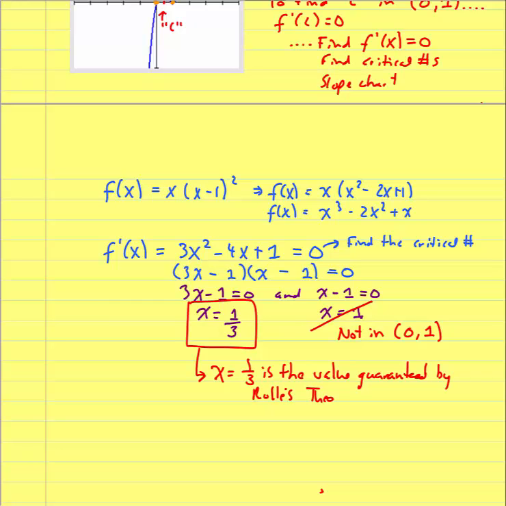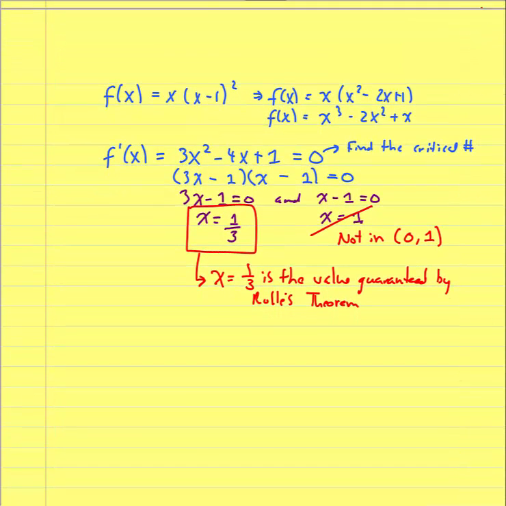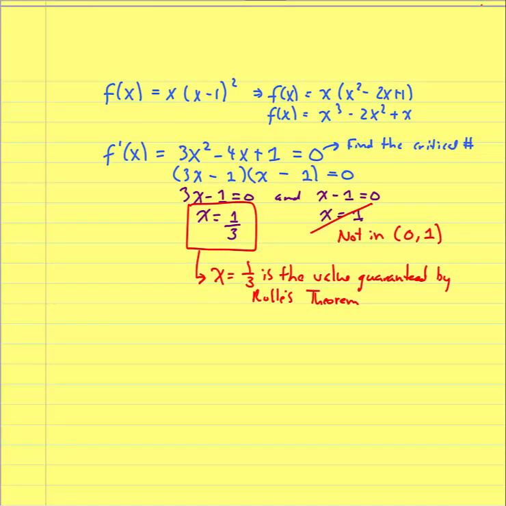Now if truly this does have a horizontal tangent line, I would put this in a slope chart, and in my slope chart I should see a change in concavity. So my slope chart, I don't need to check 1 because it's not in my interval from 0 to 1, my open interval 0 to 1. So here's x equals 1/3.